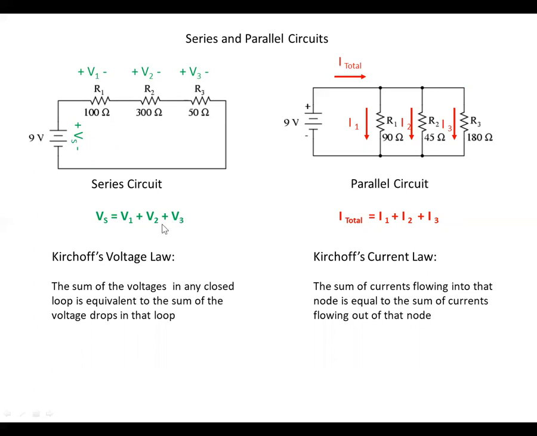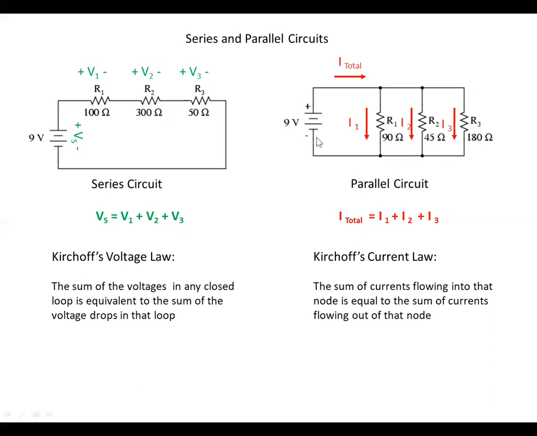A companion to Kirchhoff's voltage law is his current law. That's addressing parallel circuits where the resistors are connected in parallel and back to some voltage source, in this case, a 9-volt battery.